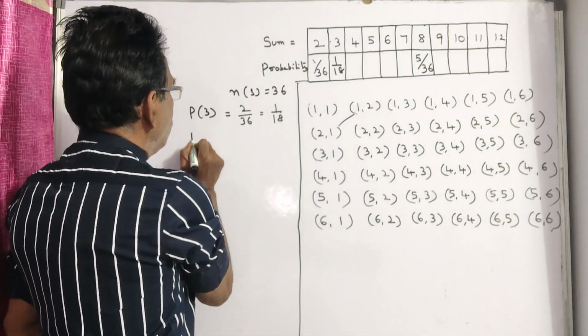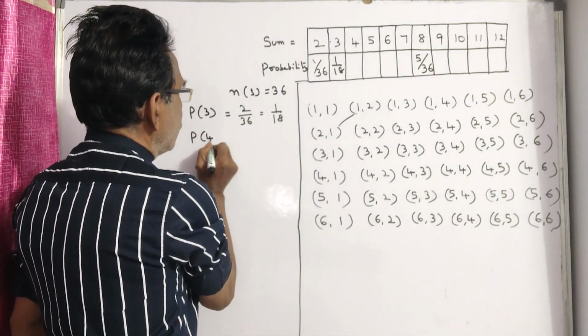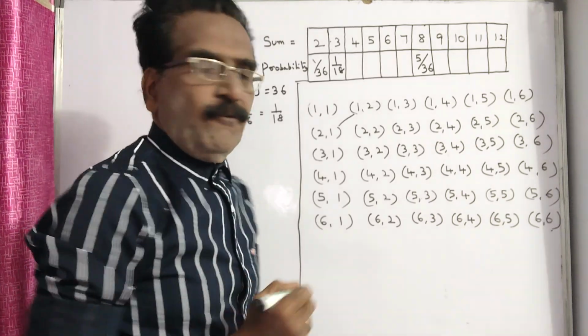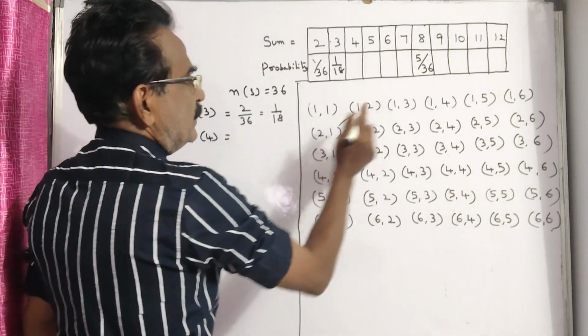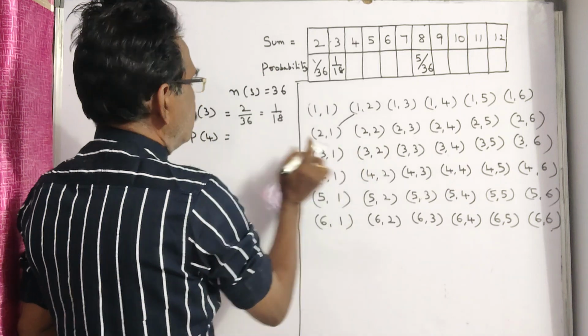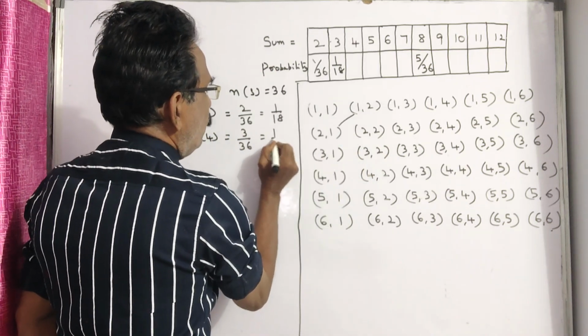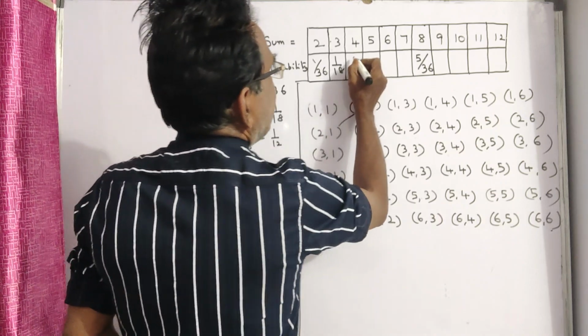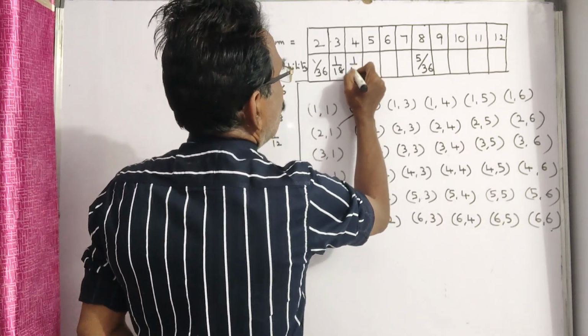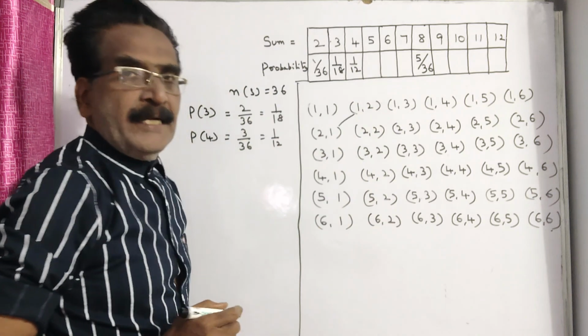So probability of getting the sum 4 is equal to 3 by 36, that is equal to 1 by 12. So for getting the sum 4, the probability is 1 by 12.